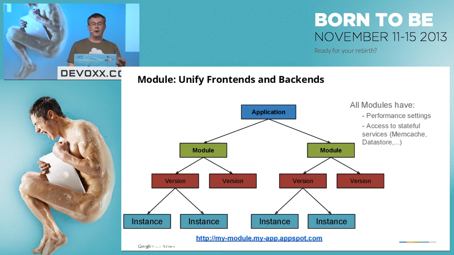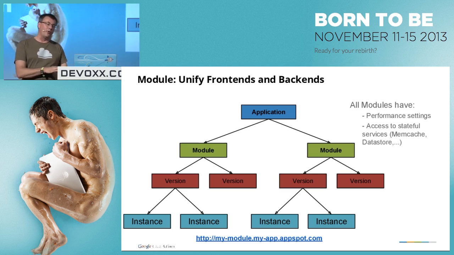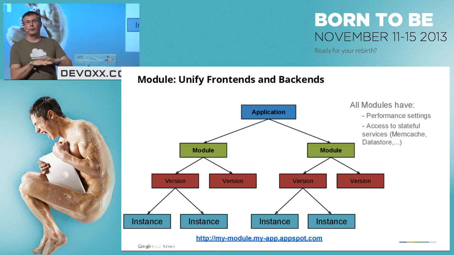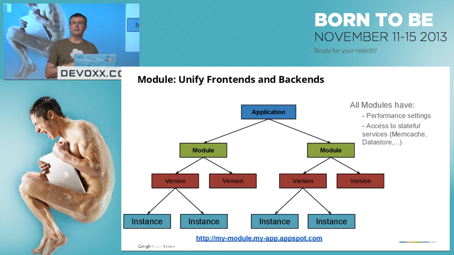So this was up to this summer. This summer we introduced a change: we try to merge the two notions of front-end and backends because they are more or less the same, but they have different characteristics. The big bummer for our old front-ends is you could not create versions for them. If you had mybackend.myapp@spot.com, you could not create version 1, 2, or 3 of your backend. So what we have done is we removed the notion of front-end and backends, and now everything is versionable.